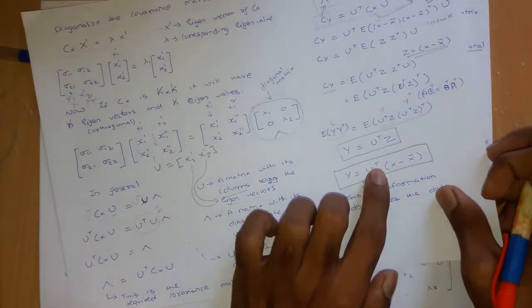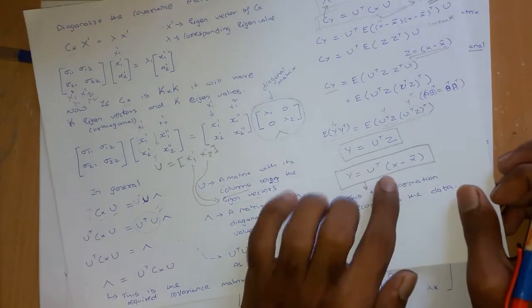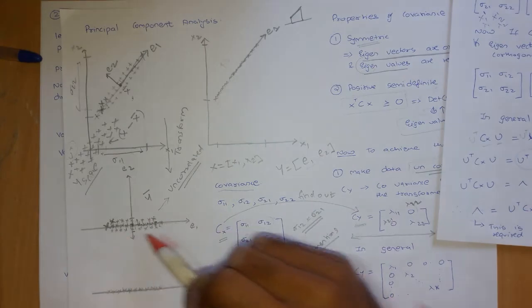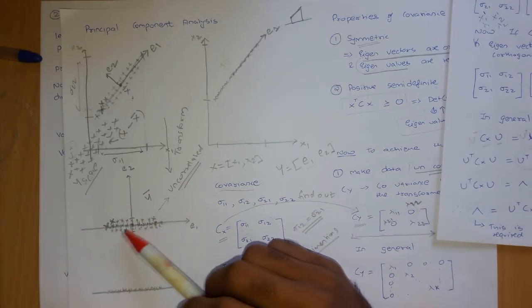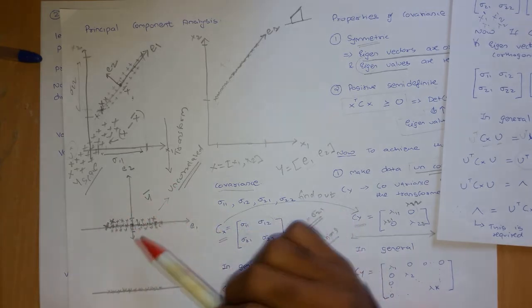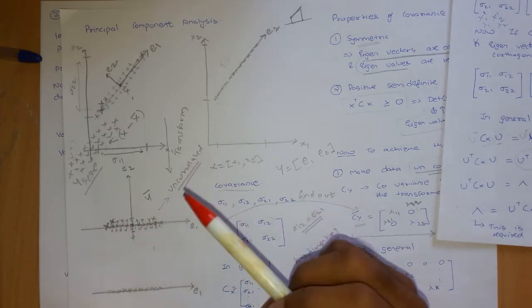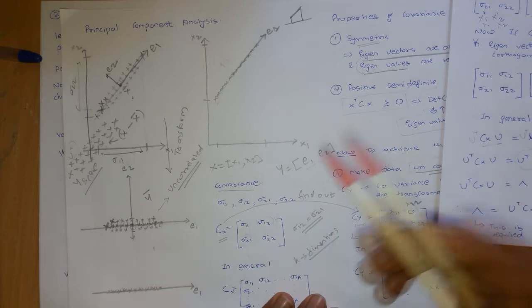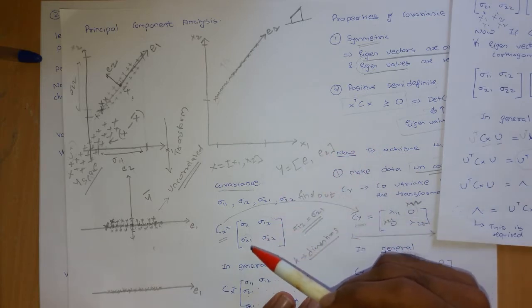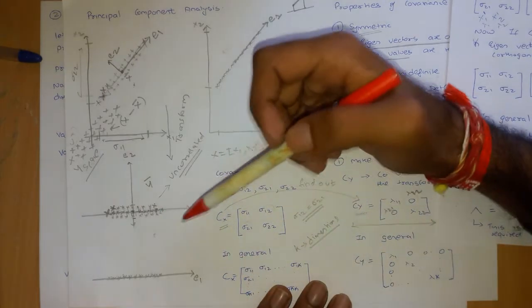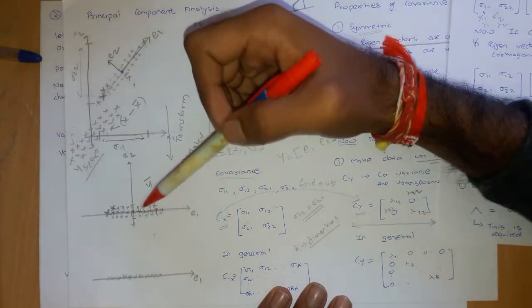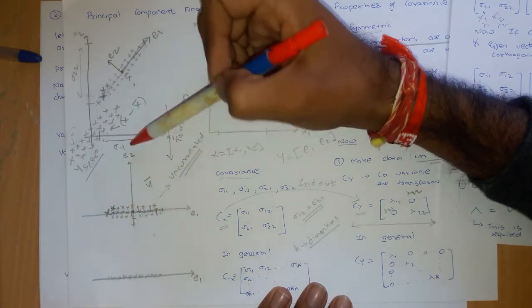When you do this transformation, you get y, and in this y space the data becomes uncorrelated. That is what we saw in the previous video. So now what we have to see is how do we identify what E1 and E2 are.